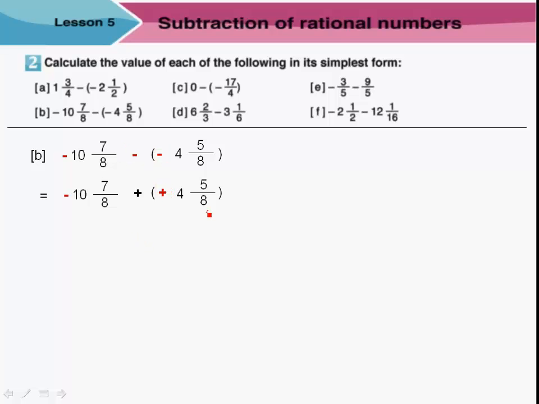So we have the same denominator. As I told you, we have integer and rational. I told you that we add the integer together and the rational together. But be careful, we have minus and plus, which means we have different sign.